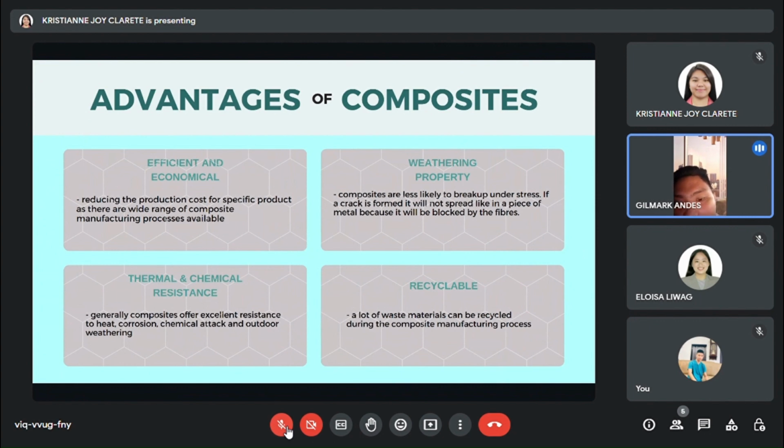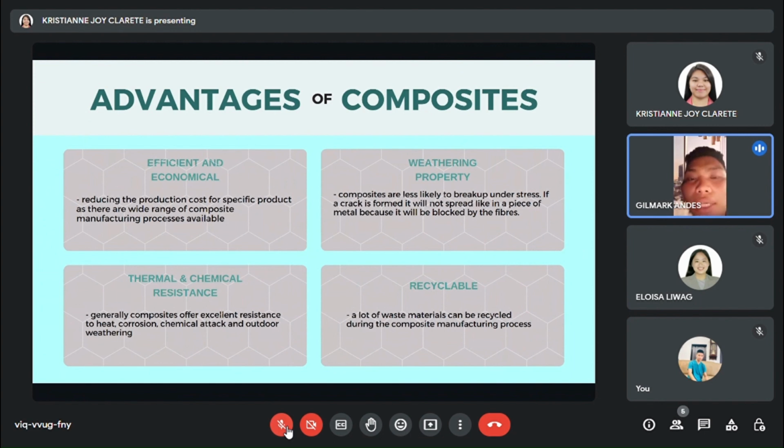Their dimensional stability allows them to maintain their shape whether hot or cold, wet or dry. This makes them a popular material for outdoor structures like wind turbine blades. Kaya mas nakakadalasan natin 'tong nakikita sa mga wind turbine kasi nga, hindi siya katulad ng metal na nagkakaroon ng corrosion, tsaka hindi siya madaling tinatamaan ng iba-ibang mga chemicals na maaaring makaapekto.